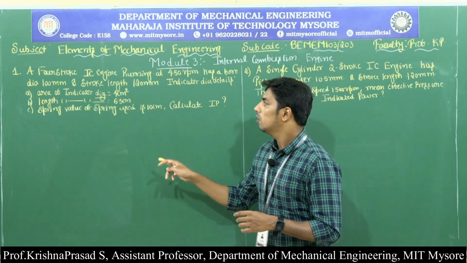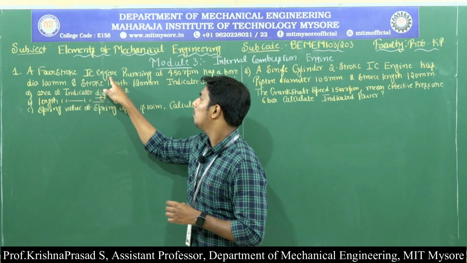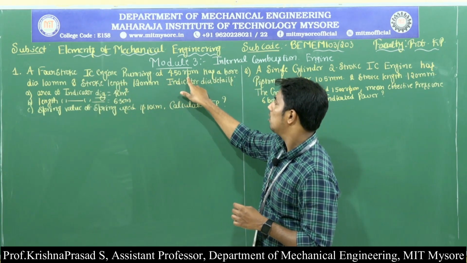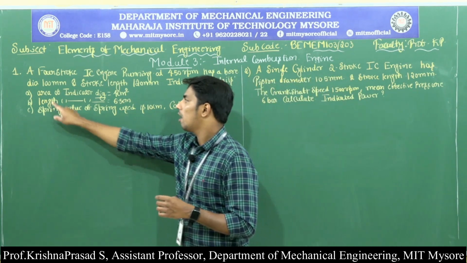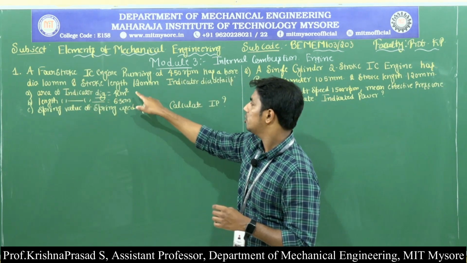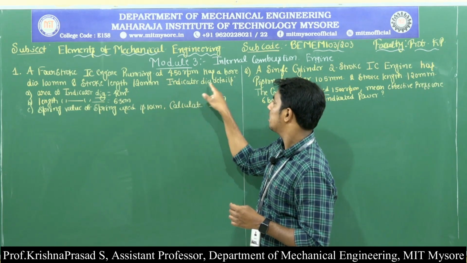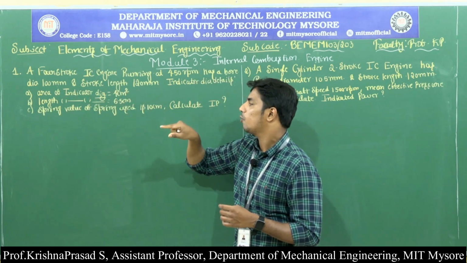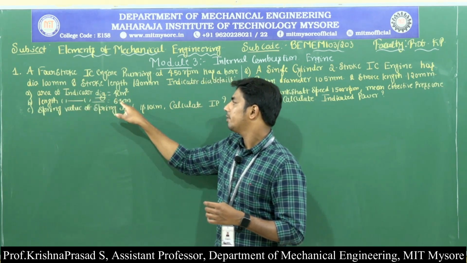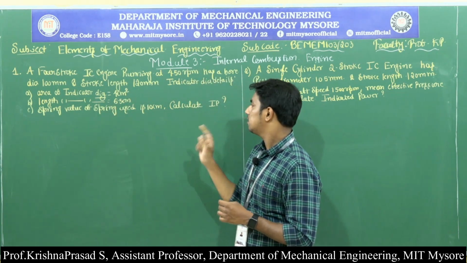Okay, so here the first problem: a 4-stroke internal combustion engine running at 4500 rpm has a bore diameter of 100 millimeter and a stroke length of 120 millimeter. Then the indicator diagram details are also given: area of the indicator diagram is 4 centimeter square, length of the indicator diagram is 6.5 centimeter, and spring value of the spring used is 10 centimeter.